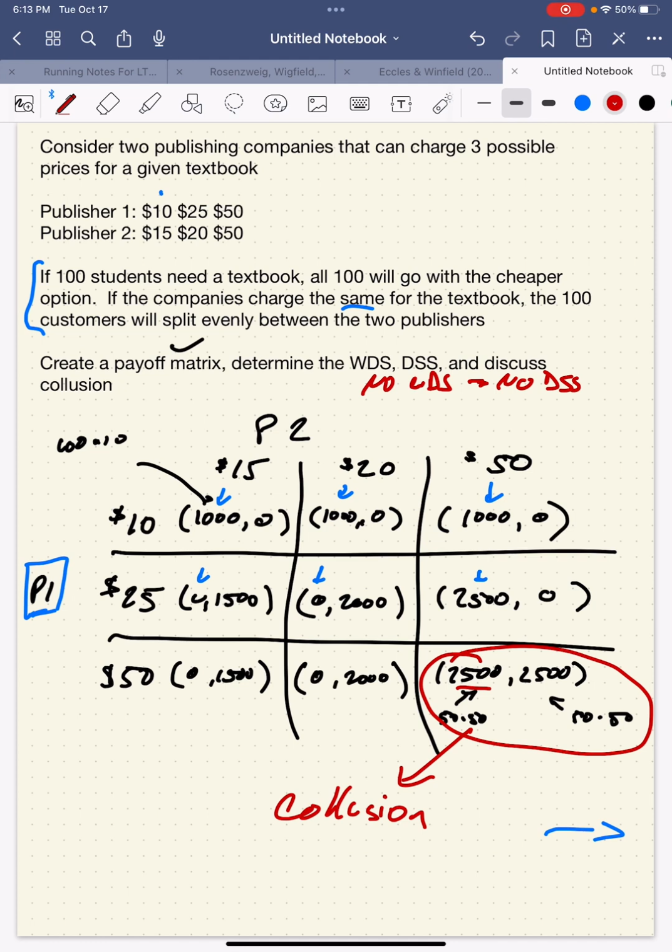So that would be the collusion situation: we have one situation that is so far out there price-wise that if both companies decided to charge at that rate, they would both make an ungodly amount of money. Now, what could be interesting is that in a real life situation, if you don't charge 25 as publisher one, maybe you just charge 40 while the other person's charging 50.